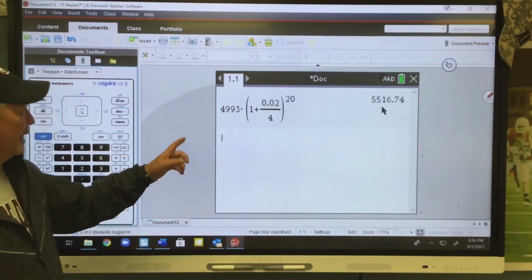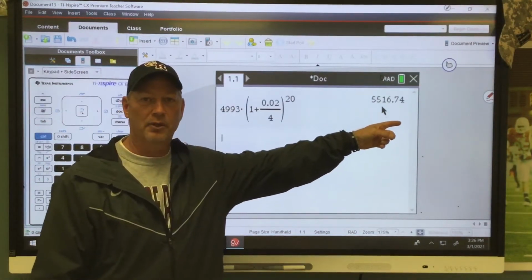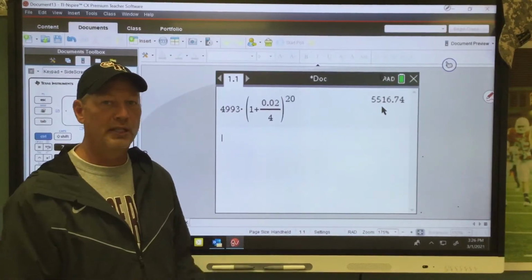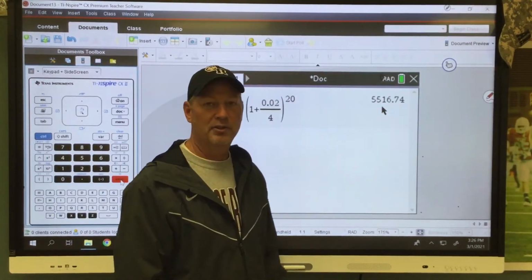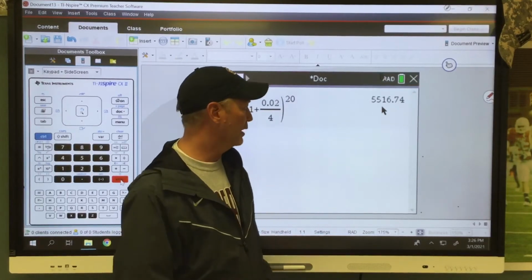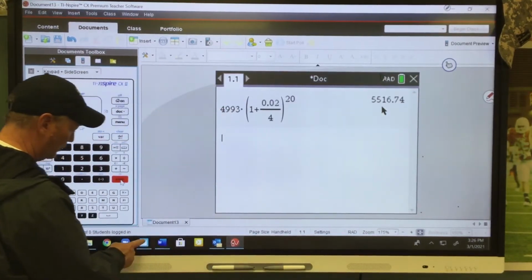Enter. This is what we had on our paper, and this is our answer. Remember, we're dealing with money, so we need 2 decimal places: $5,516.74. Simple enough. All right, let's try another one.